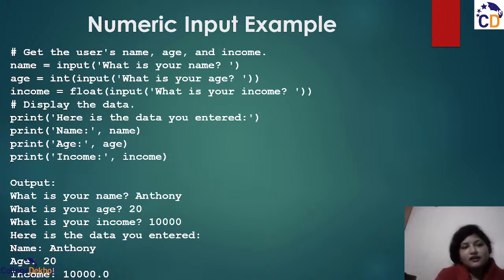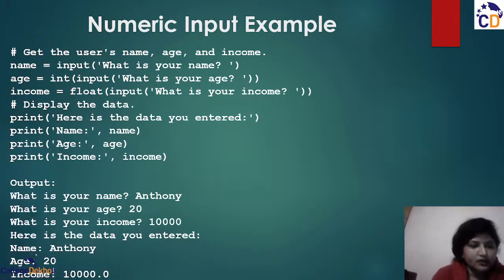So let us see the first statement, name is equal to input. Now this input is a function, a function to take the input from the user. Whatever you write within this input function will be displayed on the screen as a message, like you can see in the output here.